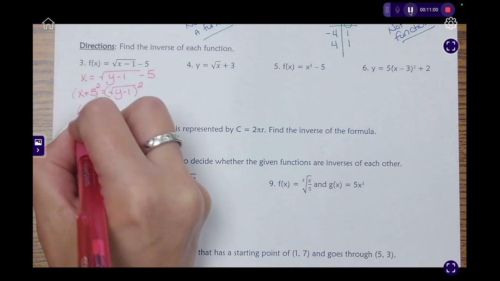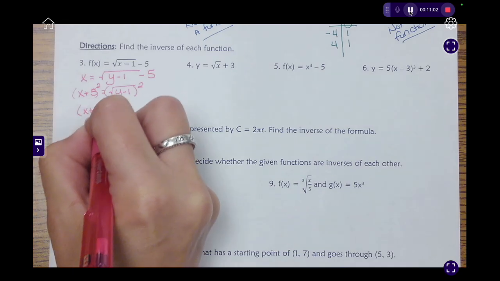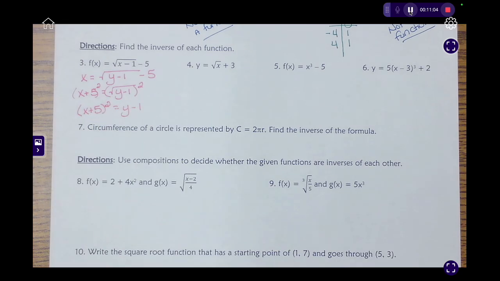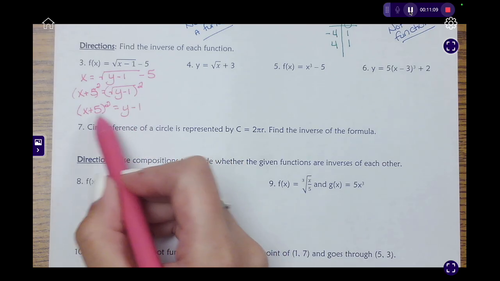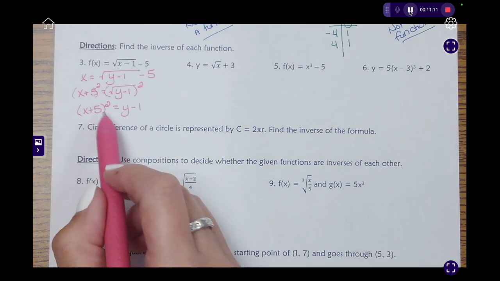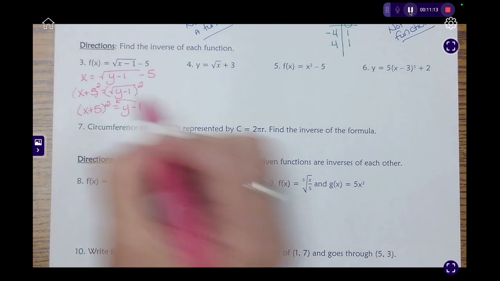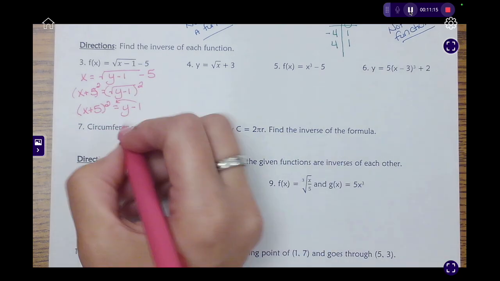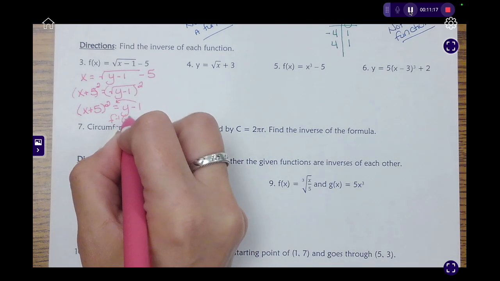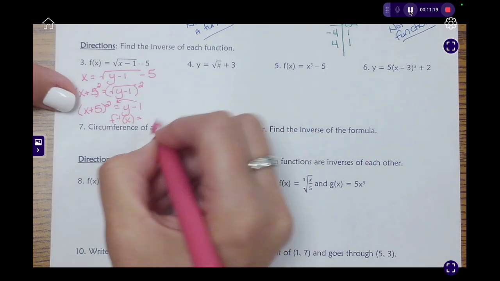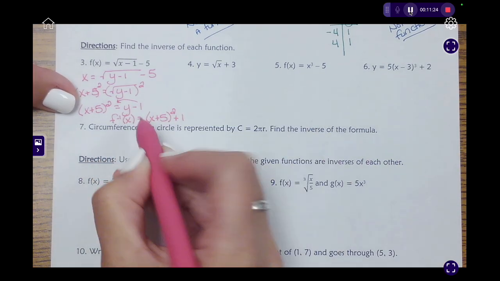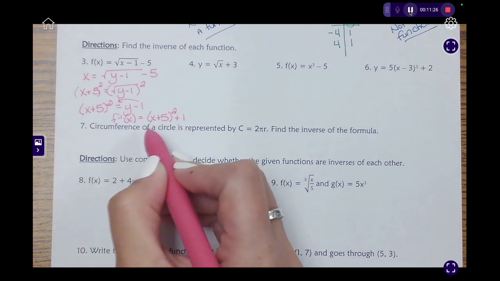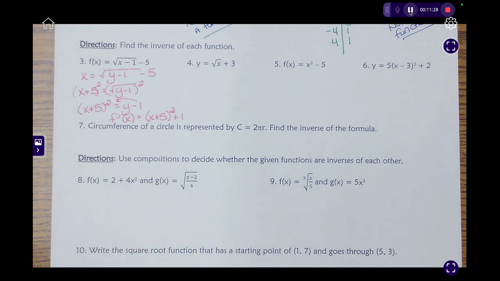So this is going to leave me with x plus 5 squared equals y minus 1. And because we're leaving it in the graphing form, so we're just going to leave it in vertex form, I don't need to multiply that out. So if I want to finish getting y by itself, I'm going to move that 1 over there. So for this inverse, remember I'm going to write that inverse notation, I'm going to have the x plus 5 squared, and then I'm going to have a plus 1, because remember I moved that 1 over there, so that would be my inverse.